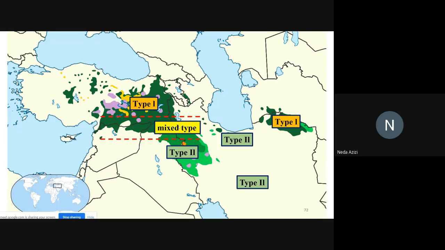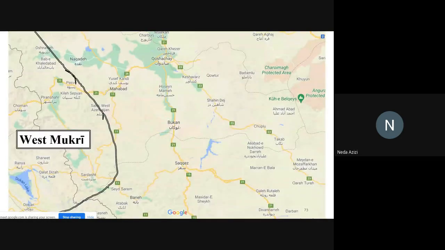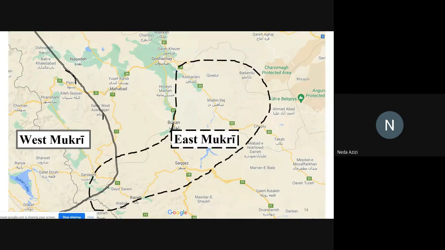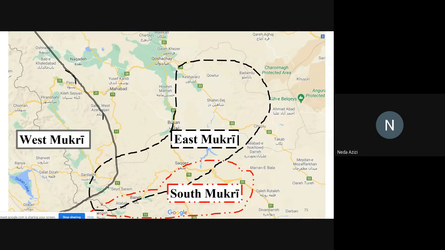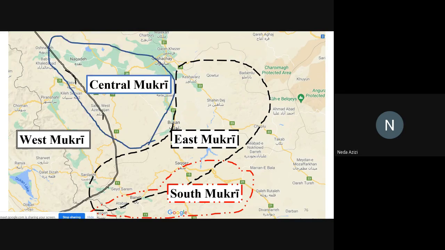this mixed type area. So in a closer look at this mixed type variety, the isogloss bundles and divisions fall into 4 main dialects. 1, West Mukri with high density in daily communication with the neighboring areas. 2, East Mukri with the least density of communication with others. 3, South Mukri with an average density in the communication with other regions and outsiders. 4, Central Mukri.